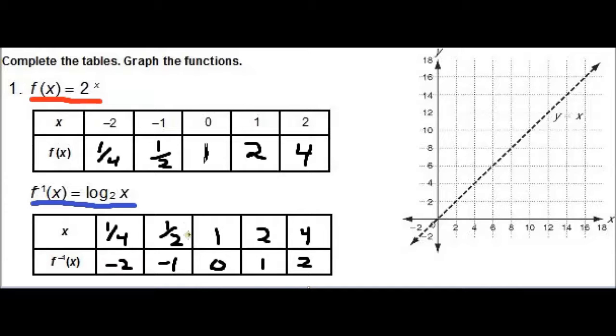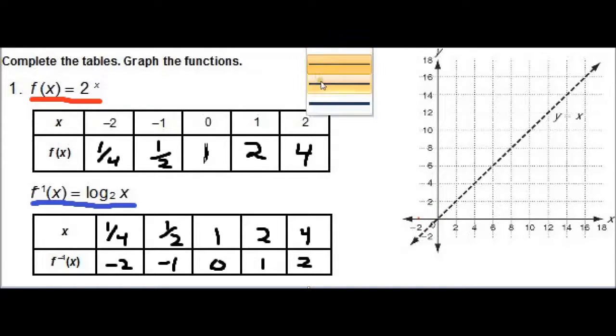Now we want to graph. I'm going to graph the original function in red, and we'll graph the new function, the inverse logarithm function, in blue. At -2, we need to graph 1/4, so it's pretty low. We're counting in 2's, so that would be 1, and 1/4 is going to be very small, right about here.